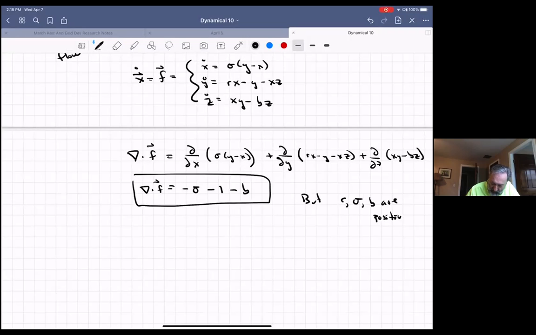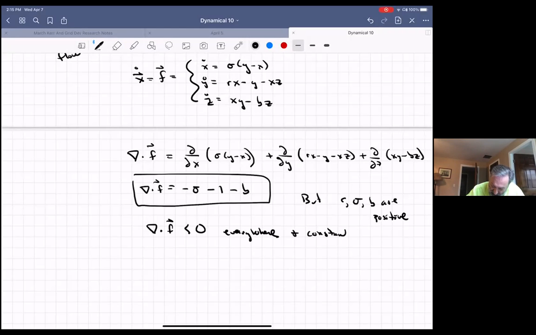But I said at the beginning that I was only interested in R, sigma, and B being positive numbers. So that means that the divergence of F is negative everywhere. And in fact, it's constant.